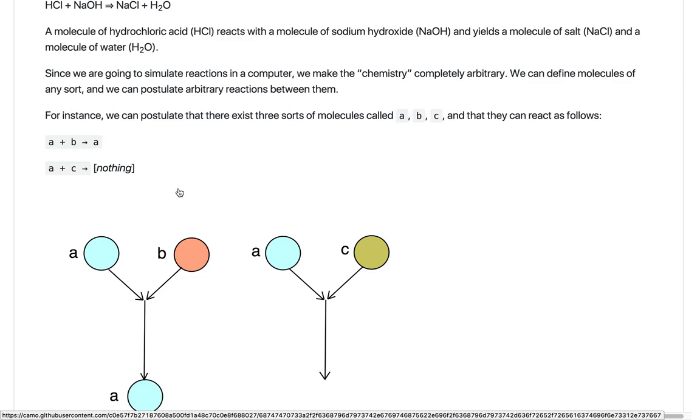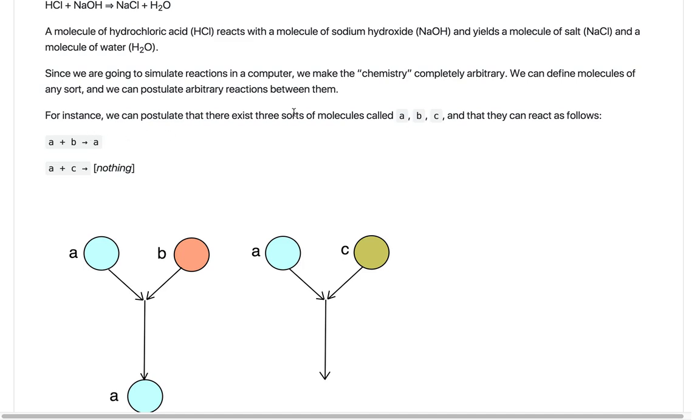It's just inspired by the idea that concurrent processes should start automatically and in parallel, just as chemical reactions start automatically and in parallel between all kinds of molecules, as long as you put the molecules together. So, because the molecules are going to be completely arbitrary and abstract, we can postulate any kind of molecules and any kind of reactions between them.